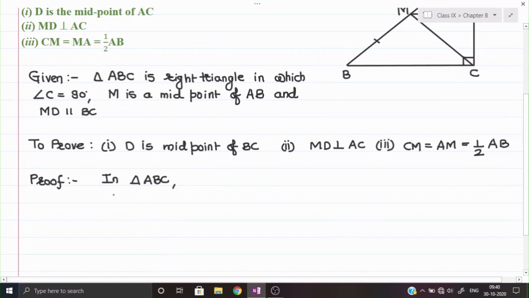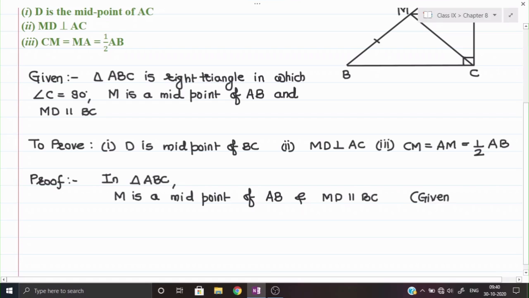So see, here we shall write down in triangle ABC, M is a midpoint of AB, that is given to us in the question. And one more thing, MD is parallel to the base BC. Here reason we can provide, that is given. We have mentioned in the given as well.